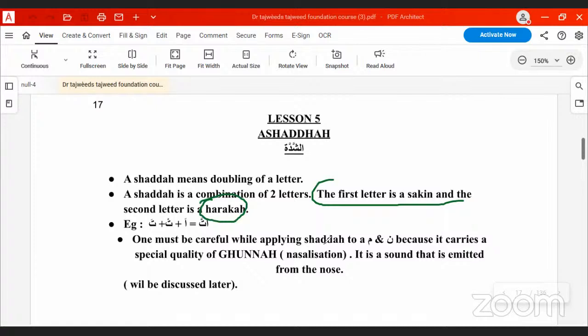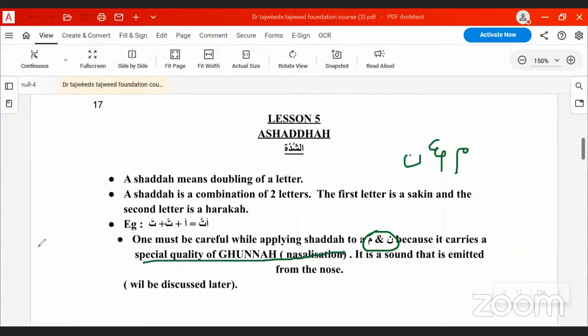One must be careful while applying shadda to a meme and the noon. Remember, the meme and the noon are like sisters, because they carry a special quality of gunna or nasalization. It is a sound that is emitted from the nose.